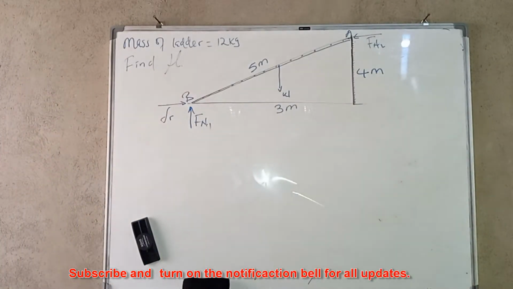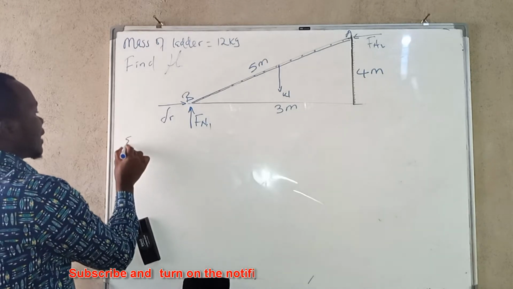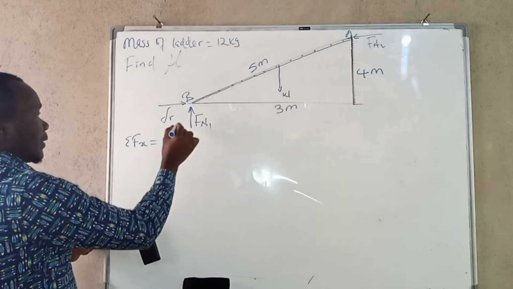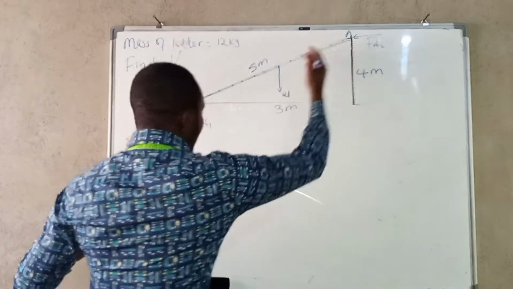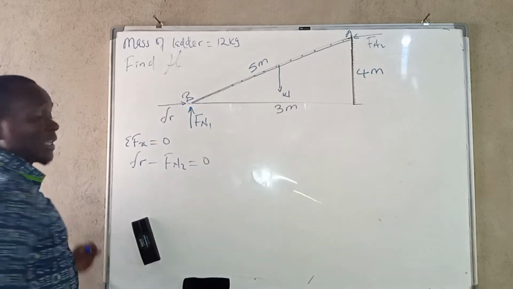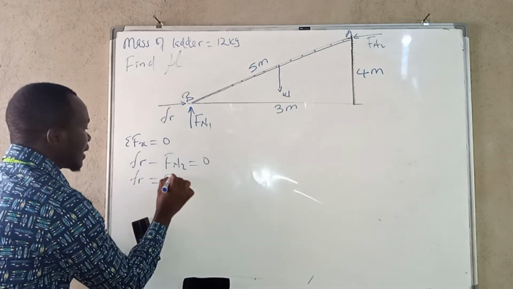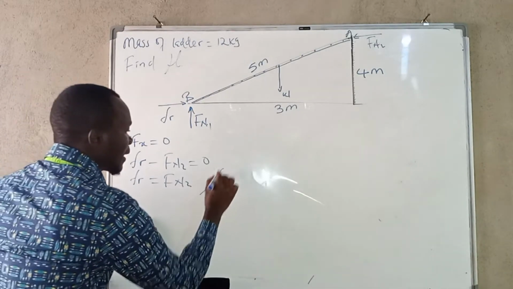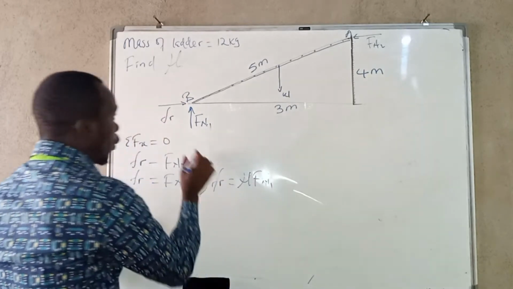From this point, let us proceed. We know that the summation of forces in X must give us 0. In X we have Fr minus Fn2, and this must give us 0, so that Fr equals Fn2. But we know that Fr is equal to mu Fn1.